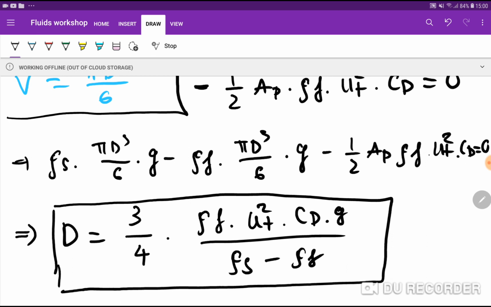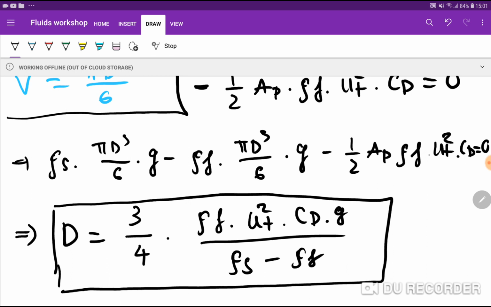The thing is with this equation, you need to rearrange a lot. Let me see which equation to use. Okay.